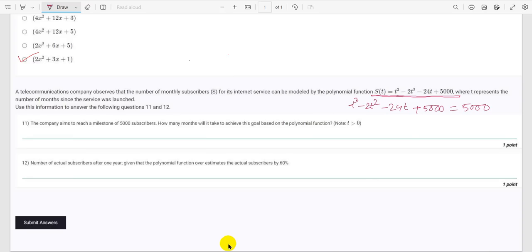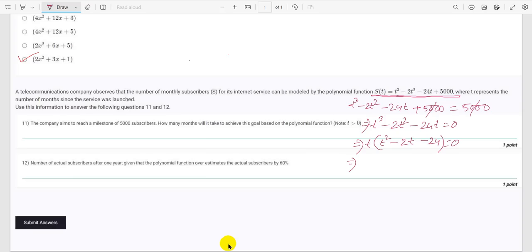Now we have to solve this equation. So this 5,000 and this 5,000 cancel. So t cube minus 2t square minus 24t is equal to 0. Now take t common: t square minus 2t minus 24 is equal to 0.